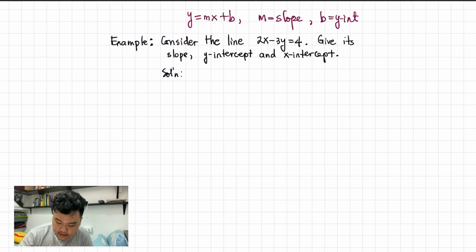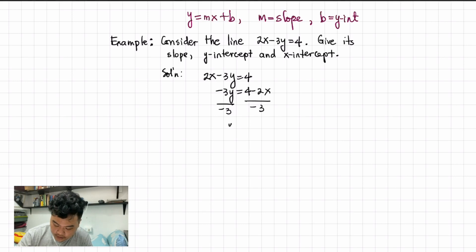So we get 2x minus 3y equal to 4. Transpose, we get negative 3y equal to 4 minus 2x. And then divide everything by negative 3. So y is, I get negative 4/3. Negative 2 divided by negative 3 is positive. Or by the commutativity of addition, we can switch the roles of these terms.